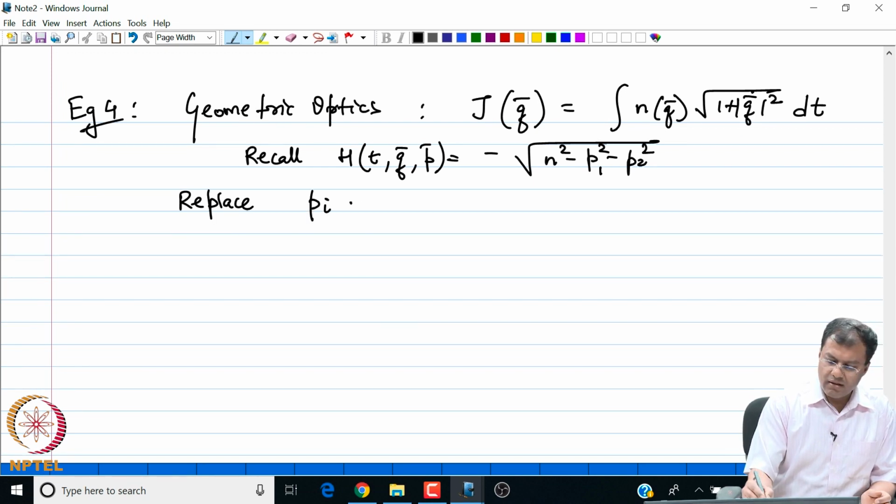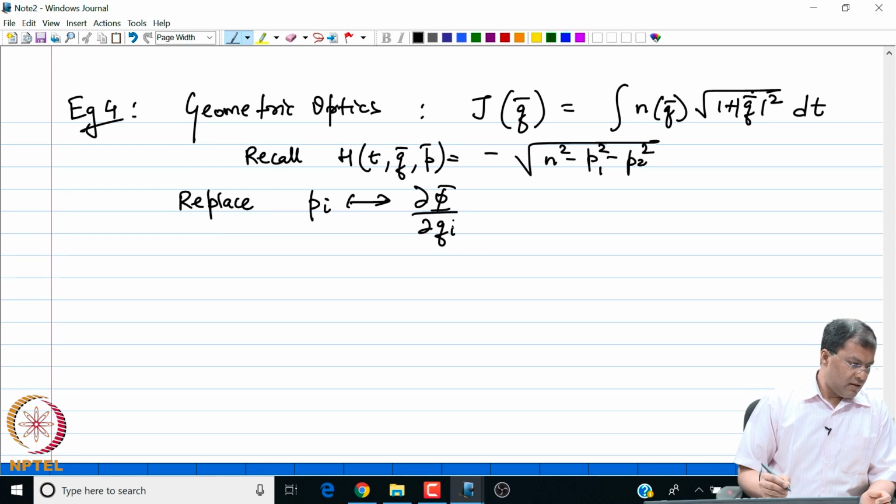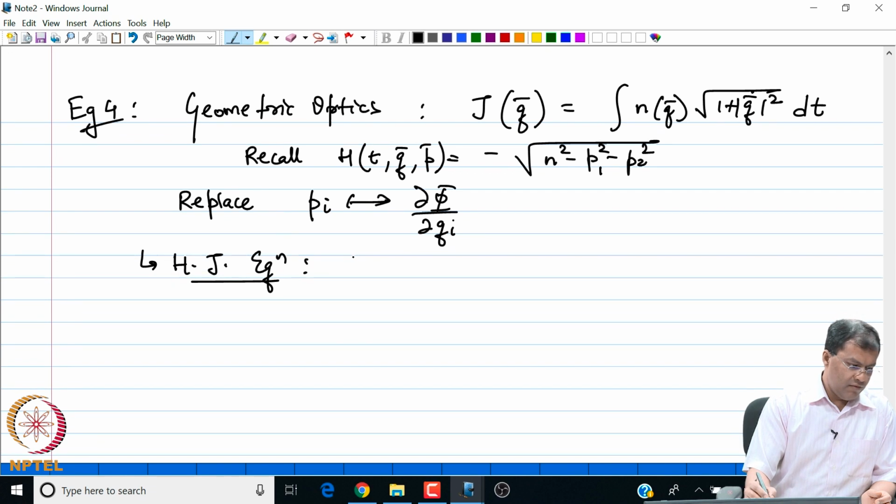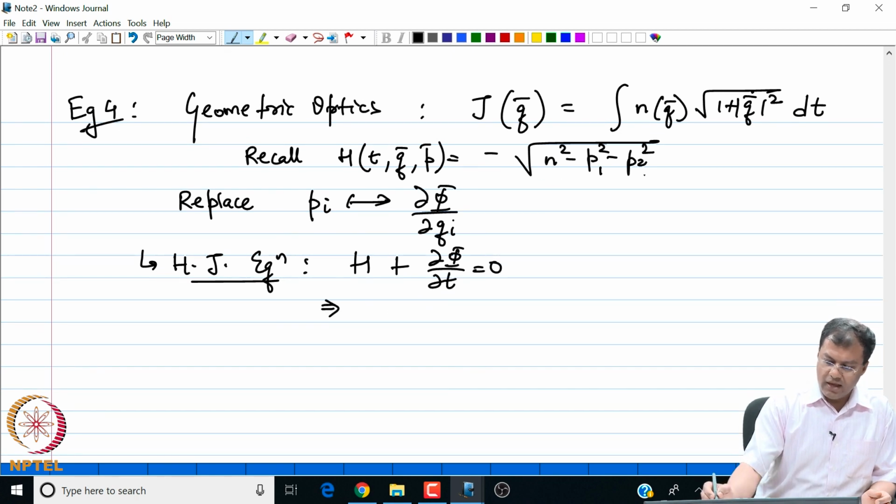our p_i's by the relation for the generating function, p_i equals partial phi partial q_i, and so my Hamilton-Jacobi equation in this case will be H plus partial phi partial t is equal to 0, where my H is the following, but I replace my p_i's by partial phi partial q_i.